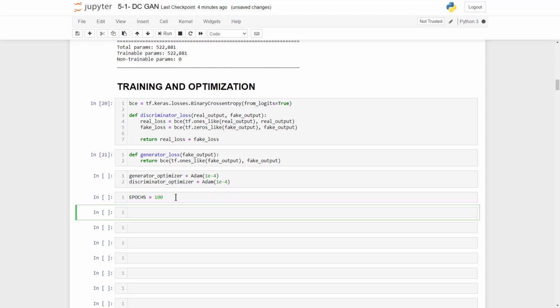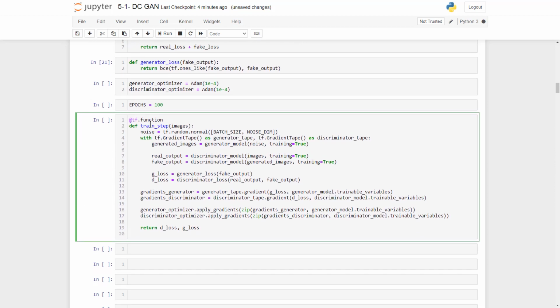Then we have the train step. We have this to use the graph mode while training. We have the noise, which is generated right here. And then the gradient tape for the generator and the discriminator. With this, we generate the images using the noise we had declared right here, in train mode.